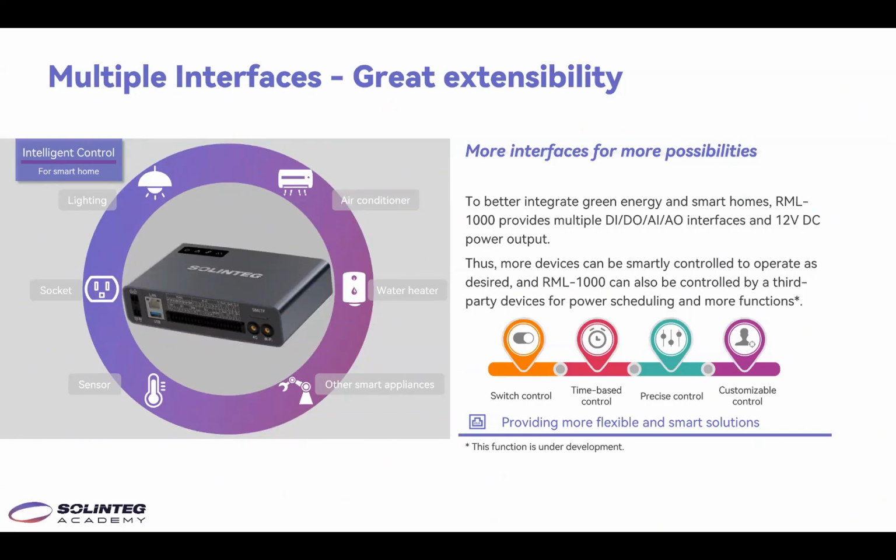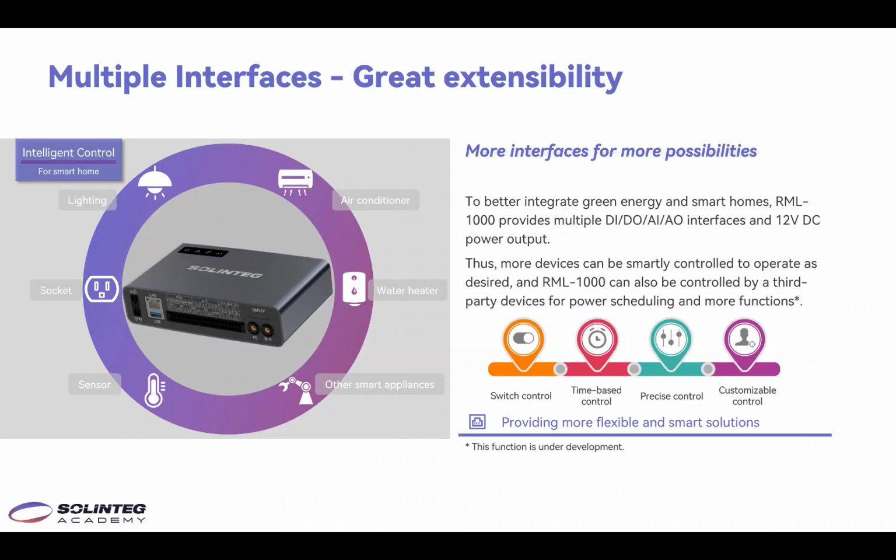For example, if you connect a temperature sensor to the data logger by the analog input port, and connect the air conditioner to the data logger by the analog output port, the data logger can receive the data sent from the sensor. It can read the temperature and determine whether to turn on the air conditioner.